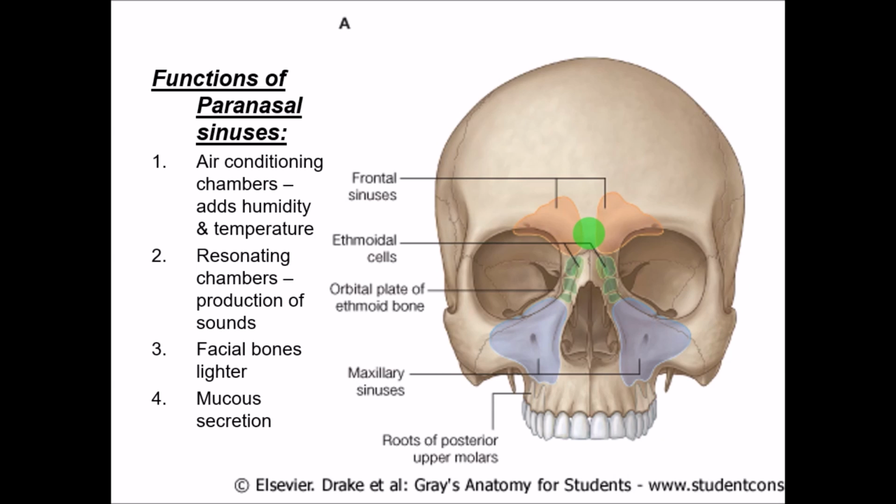This is important especially if there is any infection of these sinuses, especially the maxillary sinus, which can lead to a lot of complications if there is excessive production of mucus. So these are some of the functions of the paranasal air sinuses. First, they act as air conditioning chambers, by adding humidity as well as regulating the temperature. The second is they help in resonating the sound which you produce. The third is it lightens the facial bones, and the fourth is they secrete mucus.